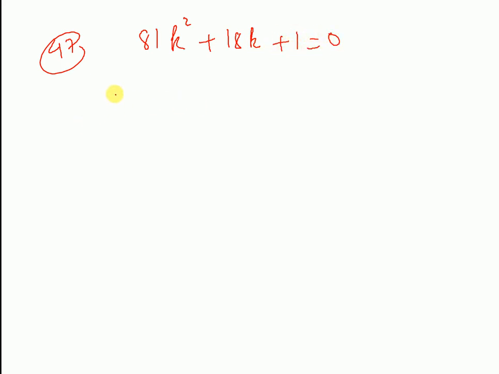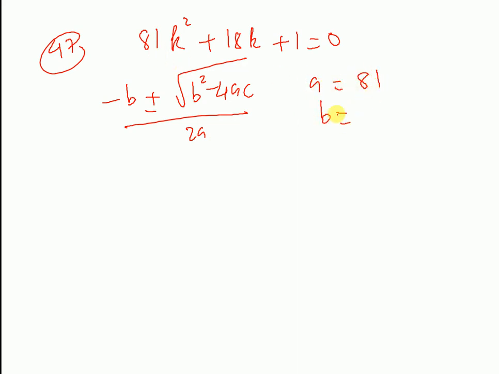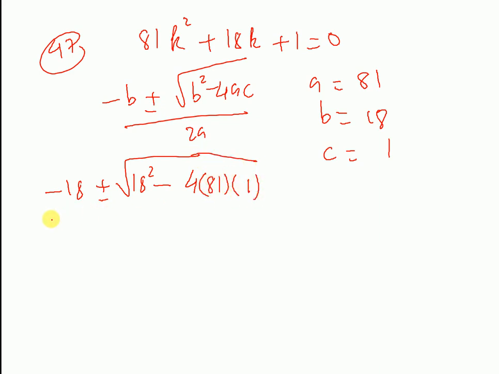So again, we have minus b plus or minus the square root of b squared minus 4ac, over 2a. a is 81, b is 18, c is 1. Minus b is minus 18 plus or minus the square root of 18 squared minus 4 times 81 times 1, over 2 times 81. Let's simplify this.